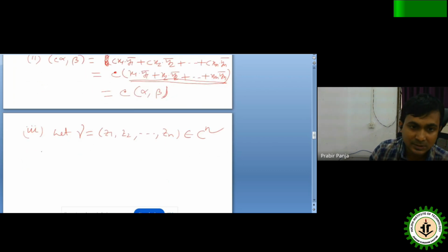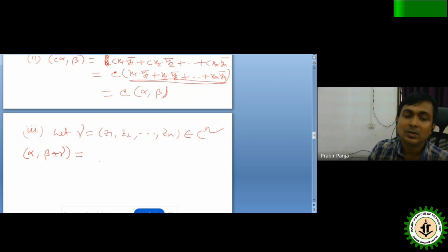If we take the inner product between alpha comma beta plus gamma, this value will be x1 into y1 plus z1 bar as per the product rule.